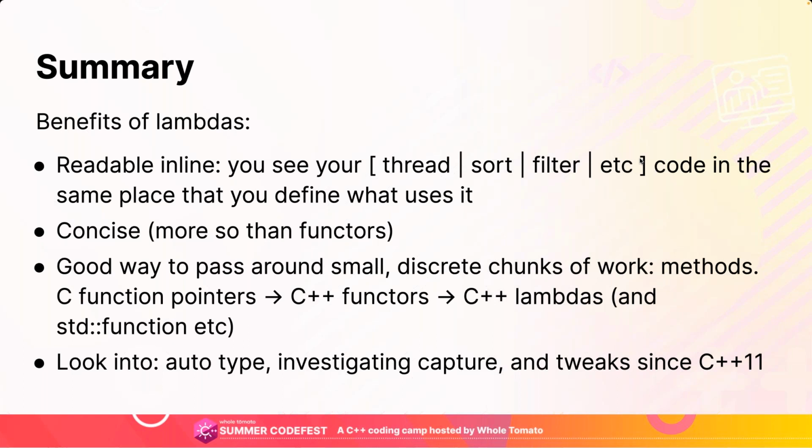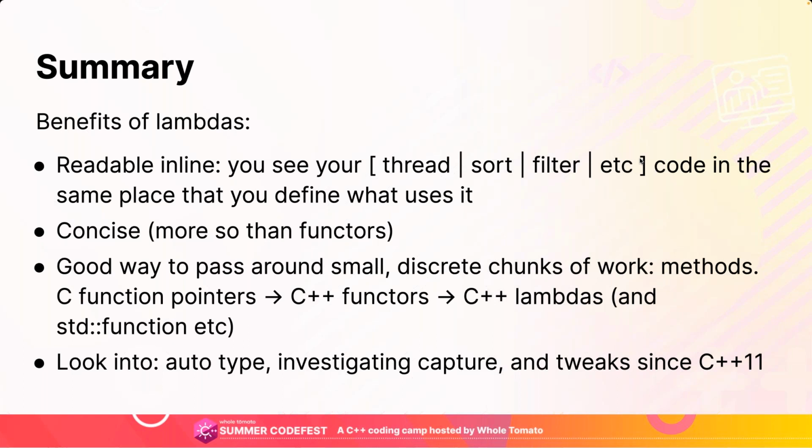For me, this coherence between the location of code and where you specify it's going to be used really helps understanding code, whether it's your own code that you wrote 6 months ago, or someone else's. They're concise, more so than functors, which I think is useful. And they're a good way to pass around small, discrete chunks of work. In other words, to pass around methods. Not the only way, but a good way.